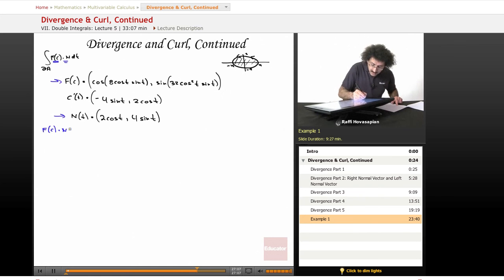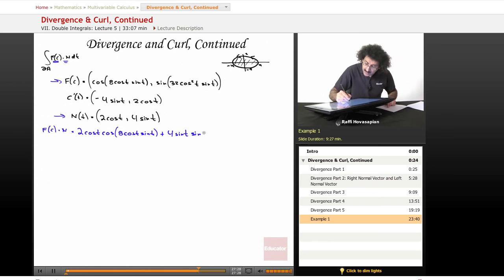F of c dot n is equal to, it's a little long, 2 cosine t times cosine of 8 cosine t sine t, plus 4 sine of t times the sine of 32 cosine squared t sine of t. So it's a little long. I don't want to keep writing this, so I'm just going to refer to this as z.